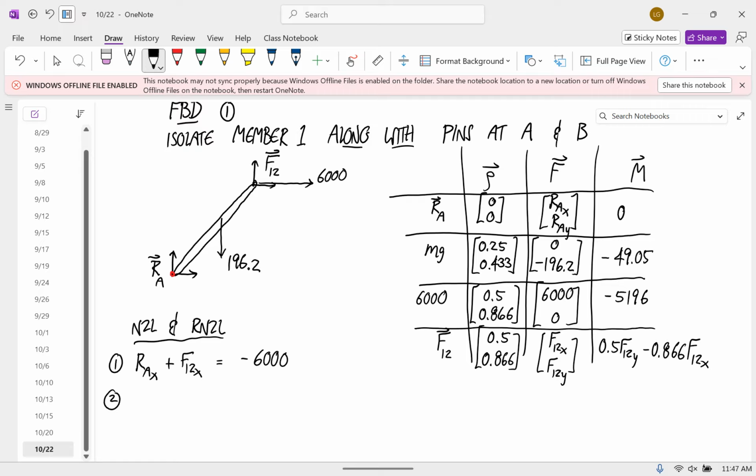A second equation that says RAY plus F12y is equal to positive 196.2.